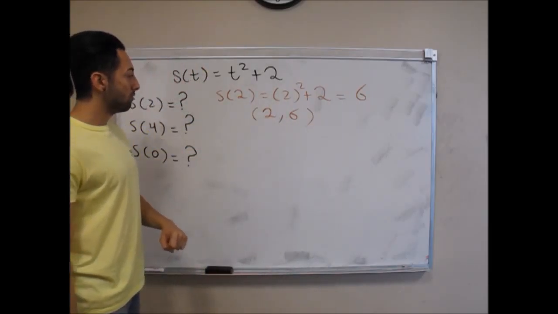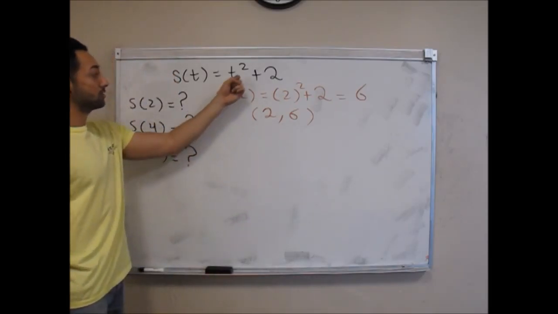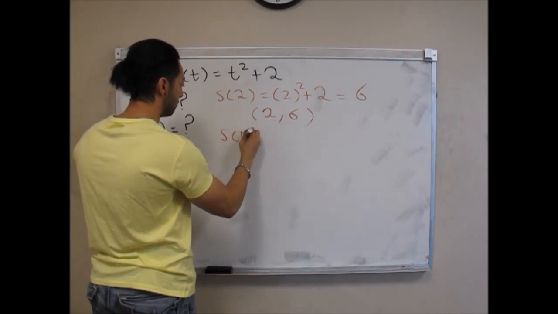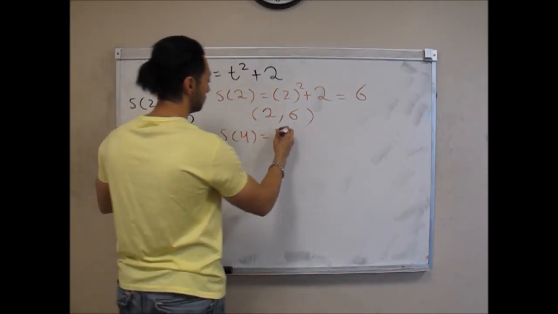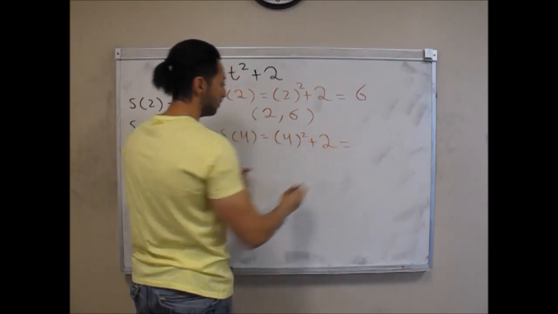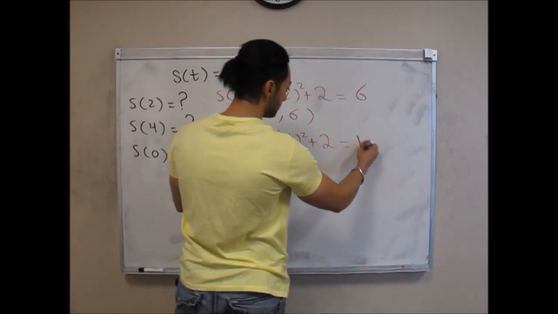Okay, moving right along, for s of 4, I'm going to do the exact same thing. I'm going to replace this t with a 4 now. So s of 4 is equal to 4 squared plus 2. We know that 4 squared is 16, plus 2 is 18.